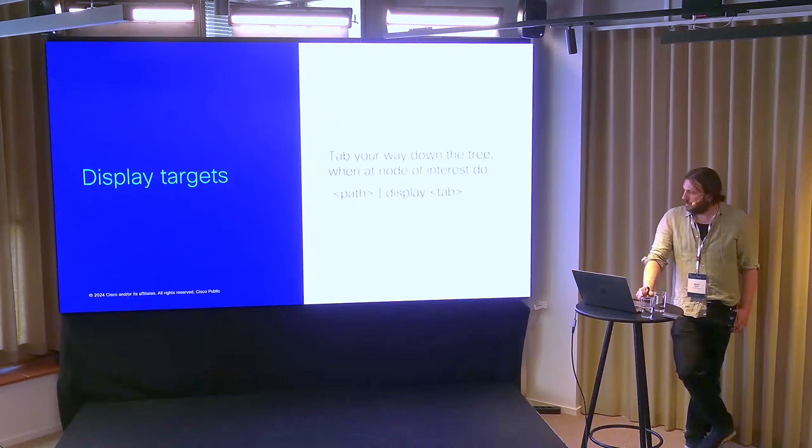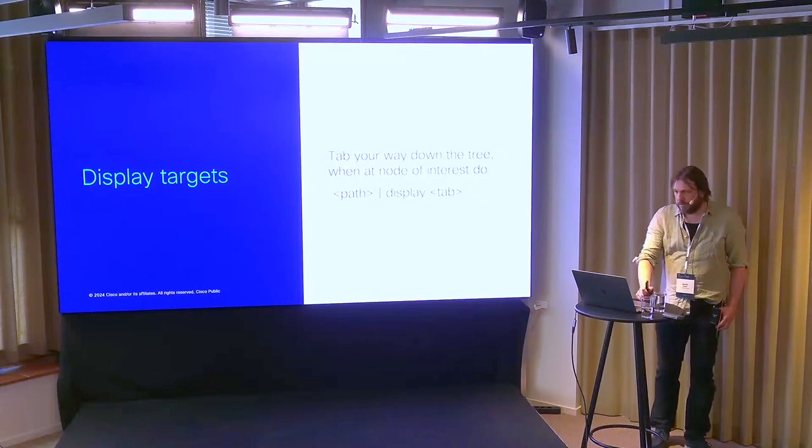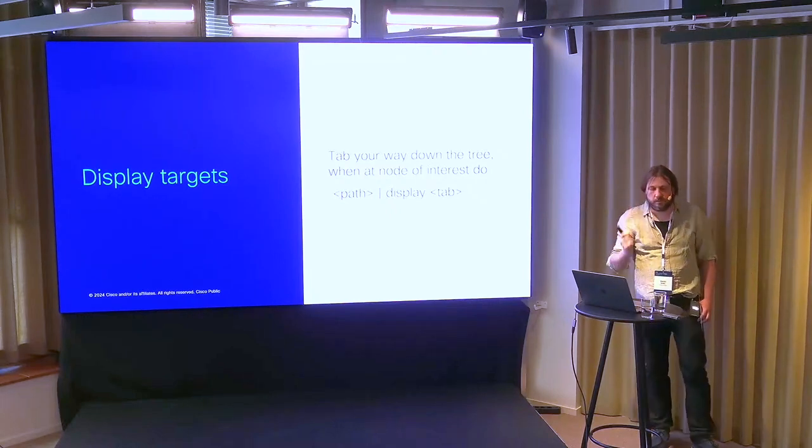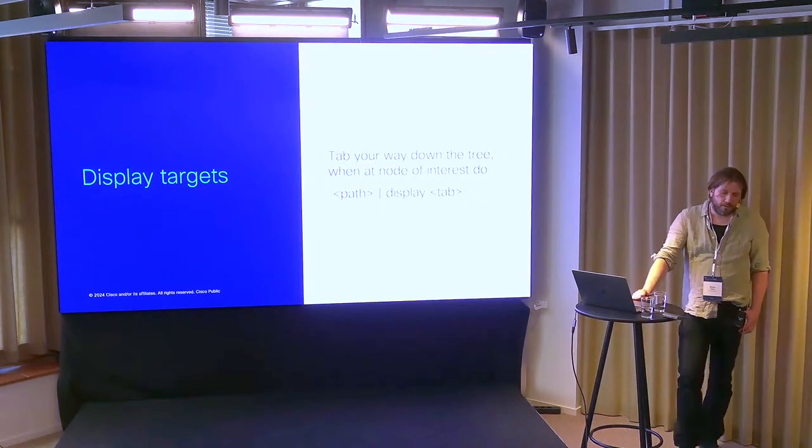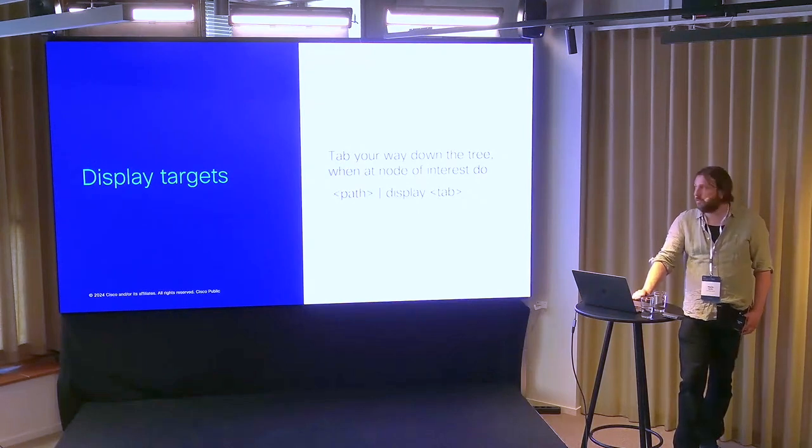So the most useful thing I found is the display target. If you are a seasoned NSO user, you probably know that you can do pipe display XML or pipe display service metadata, or perhaps pipe display XPath, as Victor will maybe touch upon. But by enabling DevTools, you will get some more options there.